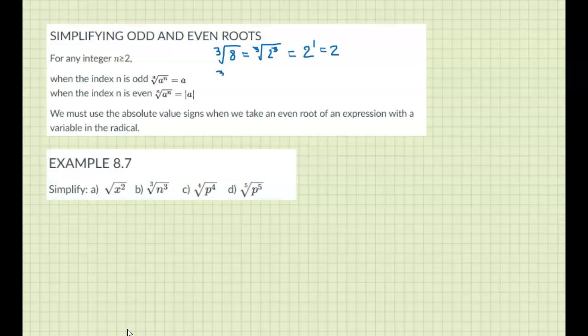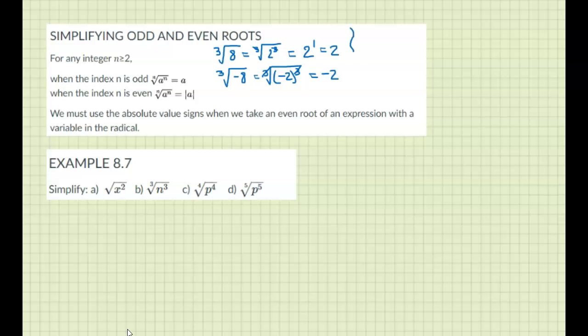If you do cube root of negative 8, this is cube root of negative 2 cubed. This cancels out, and you get negative 2. So whatever the base is, raised to the same power as the index, when you take the radical with the same index, you just get that number out. Okay, so the 2 comes out or the negative 2 comes out.